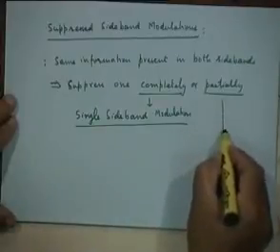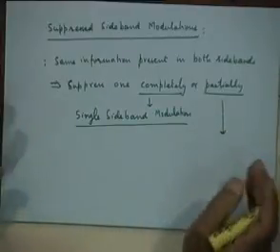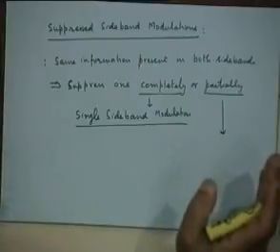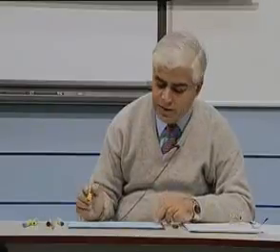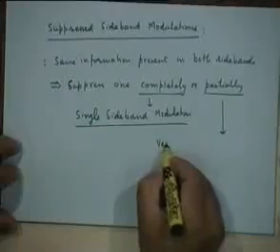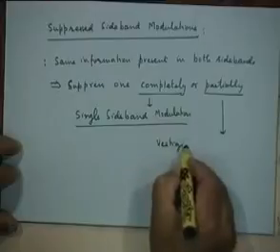When you suppress it only partially, what you typically do is transmit more or less the entire one sideband and a small portion of the other, also called a vestige of the other. Therefore we call that vestigial sideband modulation.